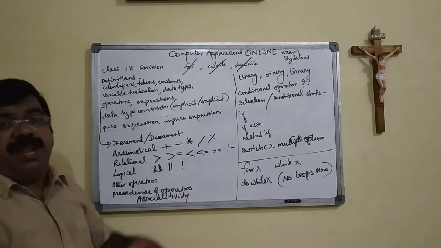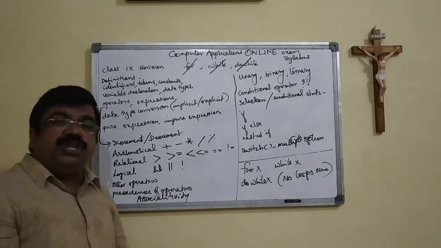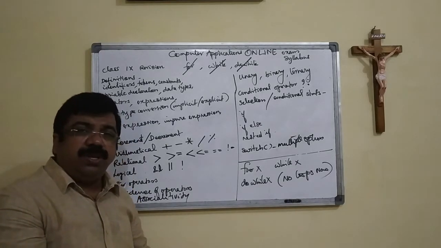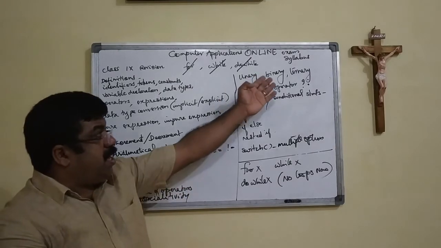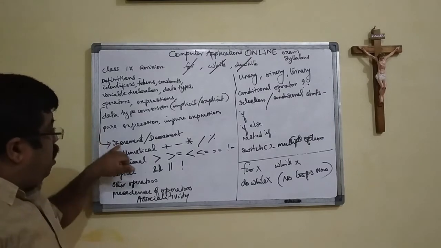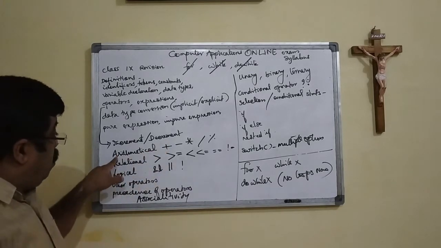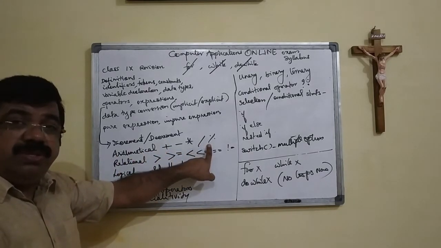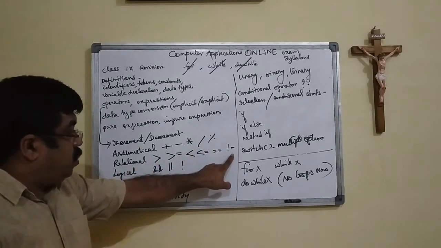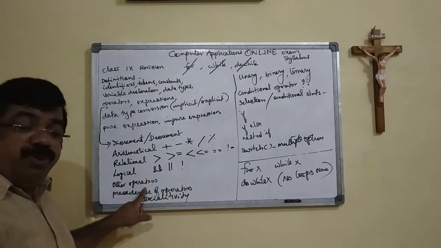Then we had operators and expressions. What are operators? What are expressions? And how do we classify the operators depending on the number of operands: unary, binary and ternary? Then we saw increment and decrement type of operators, plus plus and minus minus, all the arithmetical operators, all the relational operators, logical operators, other types of operators.